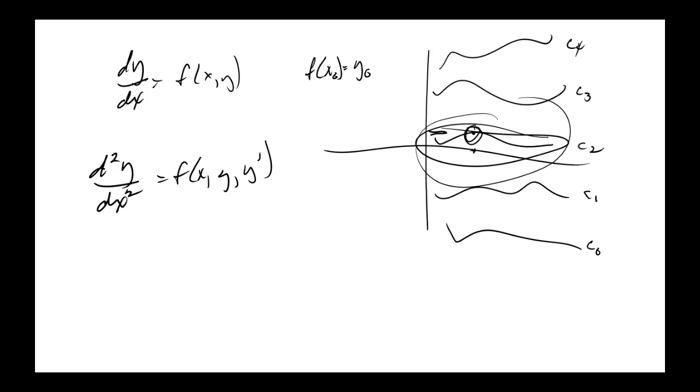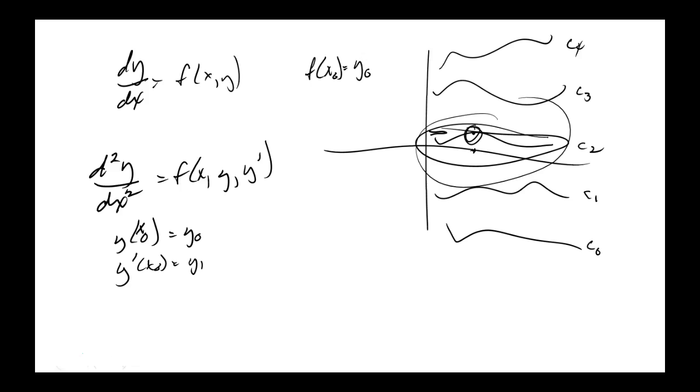And this is subject to y at x0 is equal to y0, and y prime at x0 is equal to some y1. You see, with second order, you need two initial conditions, at the same point x0, but two different ones.